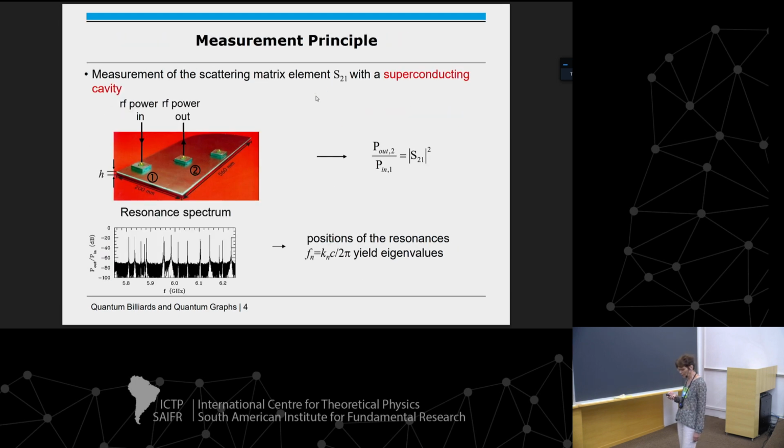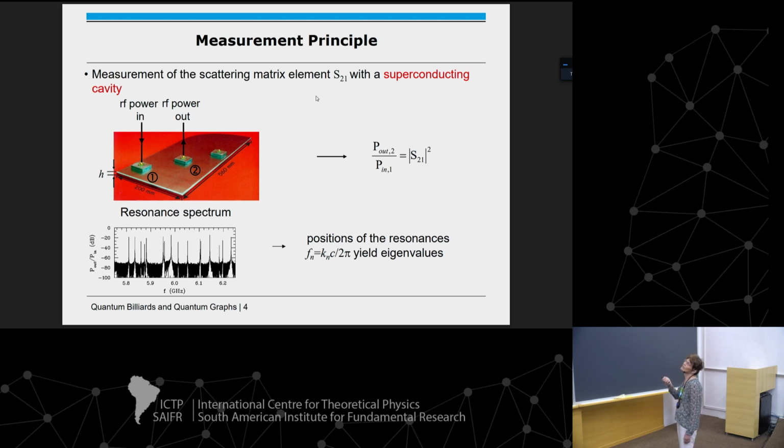So how do we get the eigenvalues? You use a microwave resonator, you attach antennas. You send in microwaves via one antenna, you receive it either at the same antenna or another one, and then you get the scattering matrix corresponding to the scattering process. The absolute value squared of this scattering matrix is equal to the microwave power coupled out divided by the microwave power coupled in.